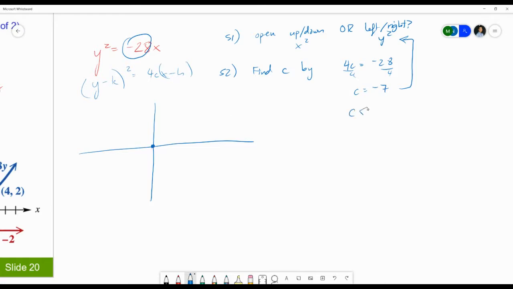C is negative, so that means it's going to open left. Negative means going to the left or going down, depending on whether you open up, down, left or right. So I need to go to the left 7. Let's just say that right there is 7. From here, you should know your axis of symmetry is the x-axis.